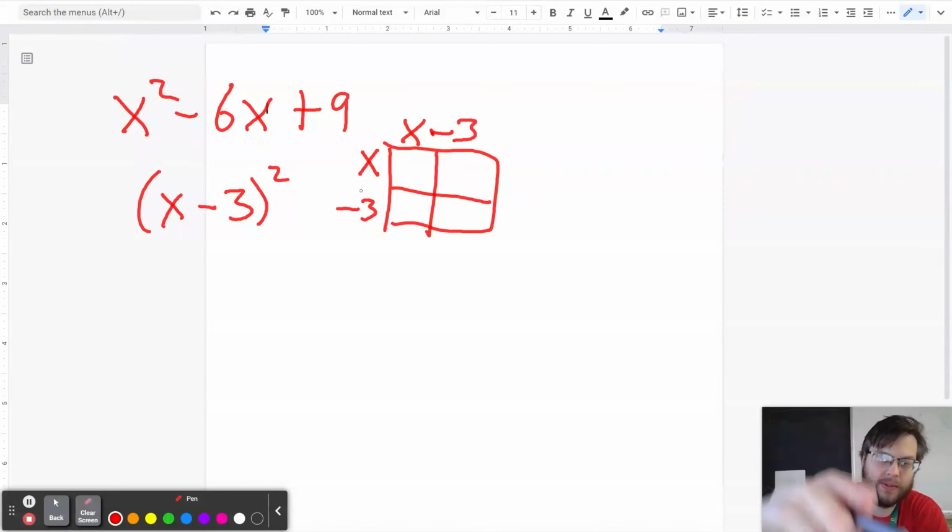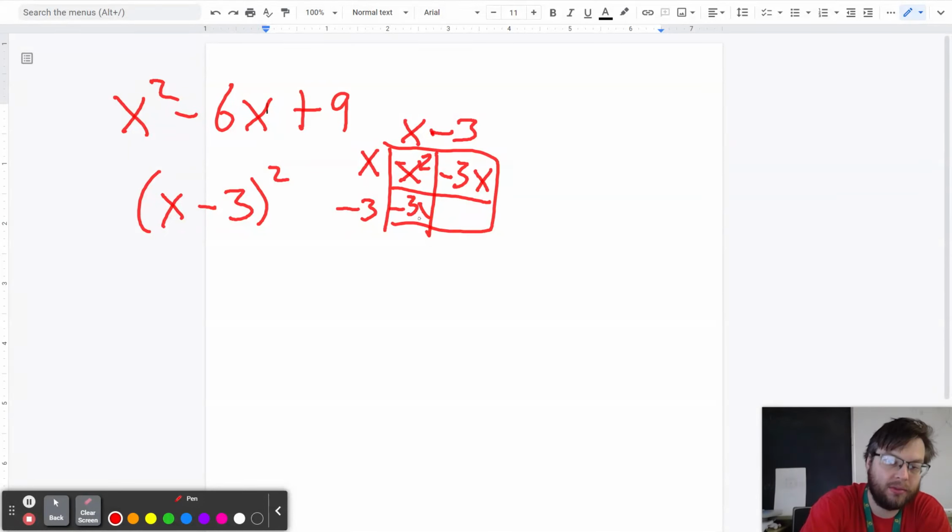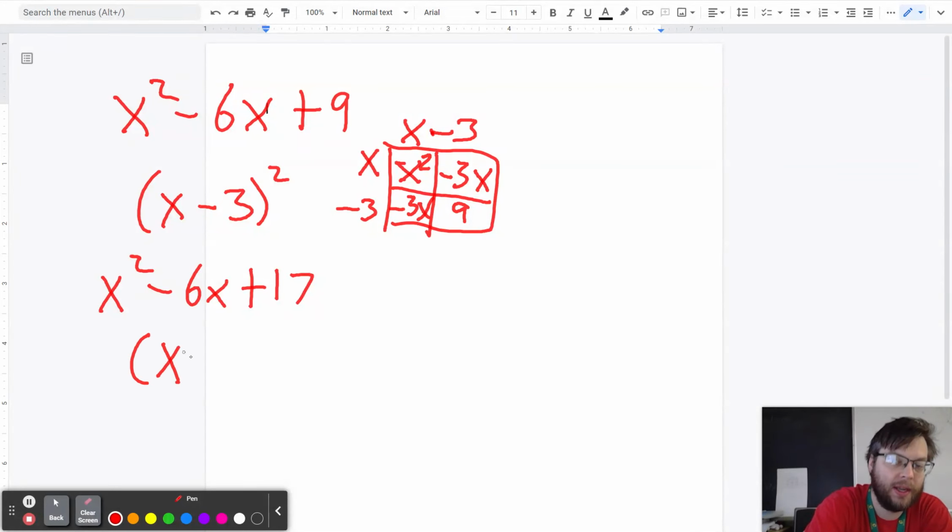So x times x is x squared. x times negative 3, x times negative 3. Negative 3 times negative 3 is 9. So now I know that if I had x squared minus 6x plus 17, for example, I could write that as x minus 3 squared plus something. 3 squared is 9, so 17 minus 9 is 8.